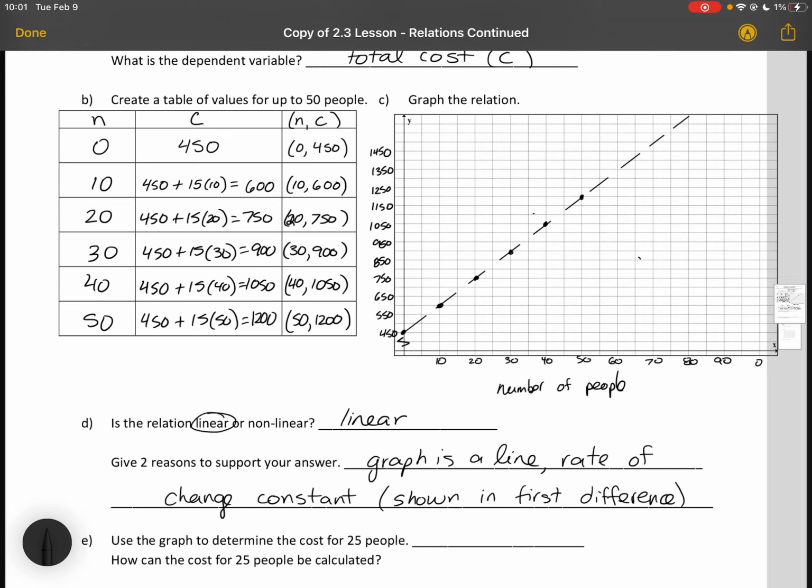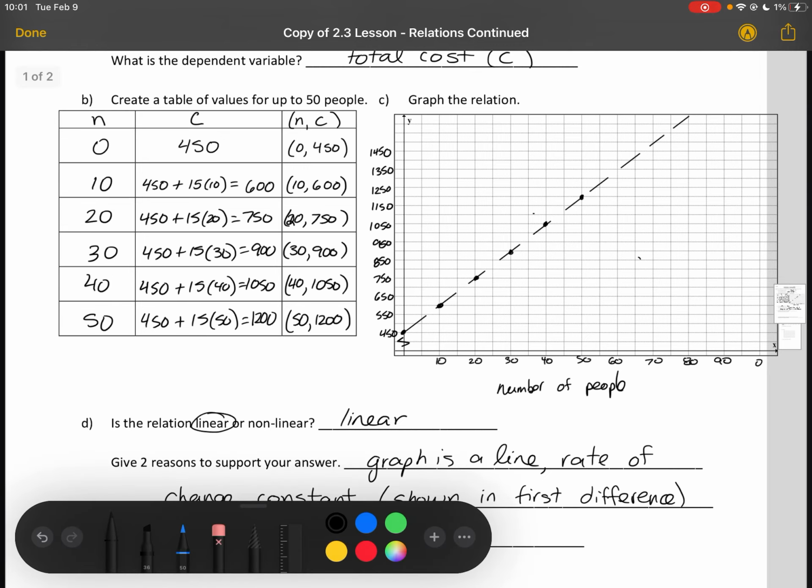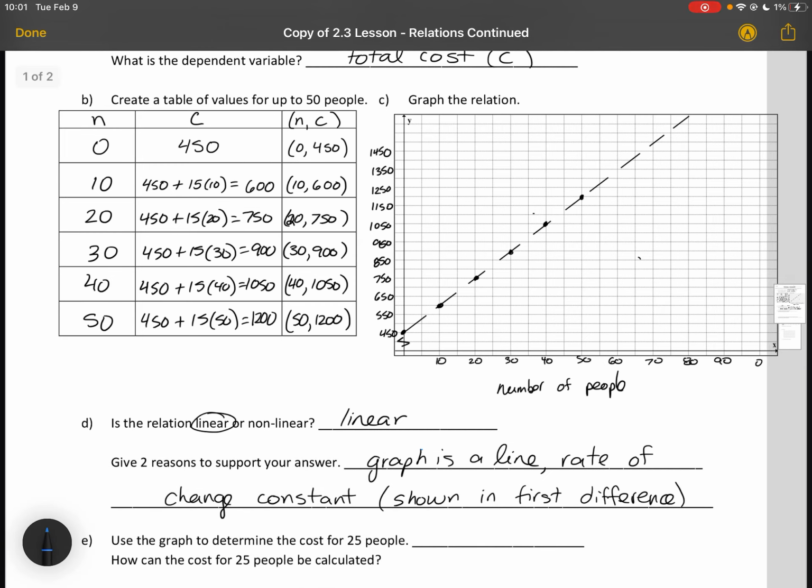So if I go back to my table of values, use a different color here, and I'm going to calculate the difference here. It's 150. Between my next two is also 150. Same thing, 150, 150, 150.